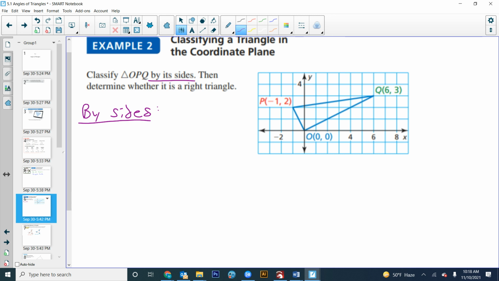It looks like it. That's lazy. Don't be lazy. How are we going to find the side lengths? Distance formula. The distance formula. We're going to have to find PO, then OQ, and then PQ, and then compare them. Let's do this.